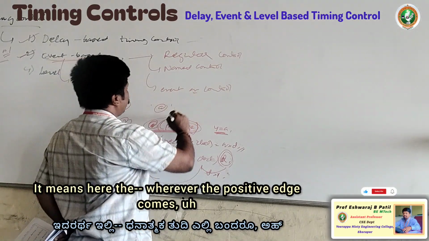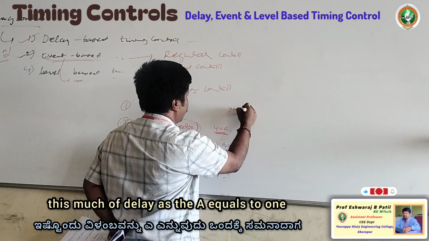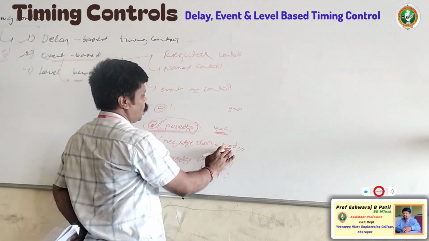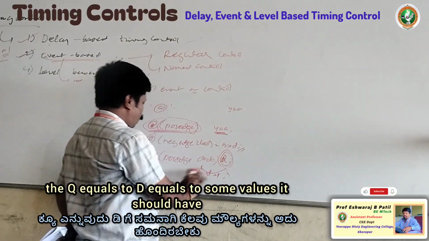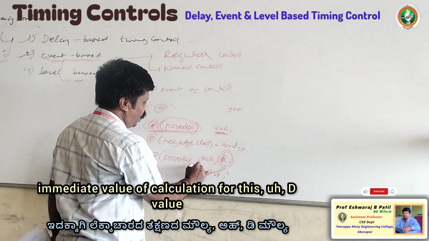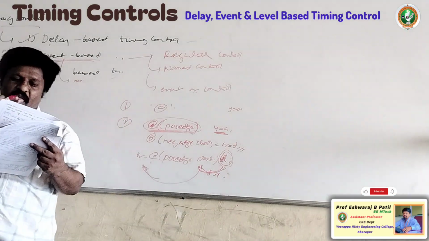It means wherever the positive edge comes, we should have this much delay, as a equals 1, 2, 3. If the negative edge comes, q equals d equals some values, it should have the positive edge, and it has the immediate value calculation for this d value.